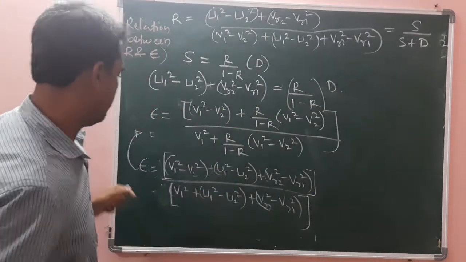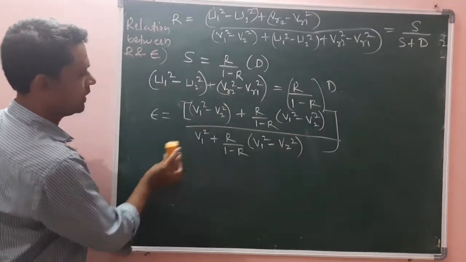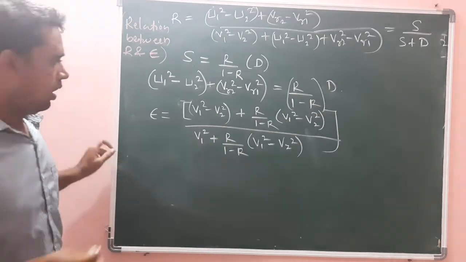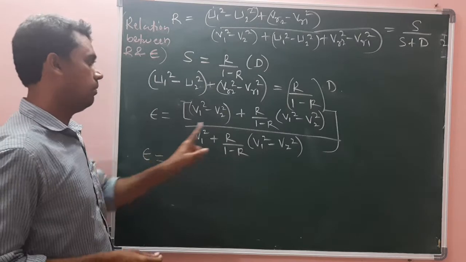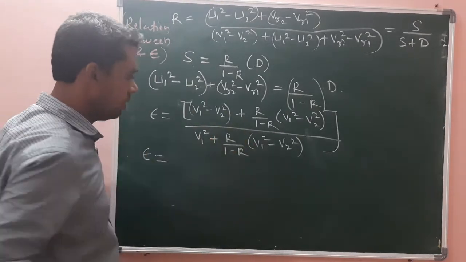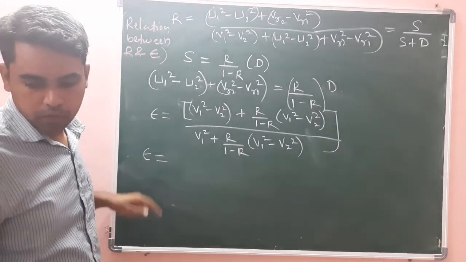Further I will simplify it to get the relationship between R and epsilon. Epsilon is equal to, I will take the LCM. 1 minus R will be the LCM.